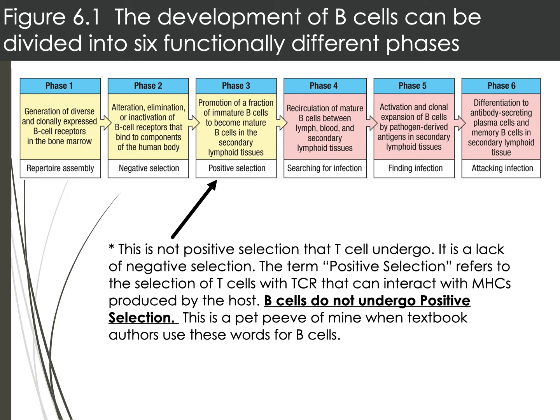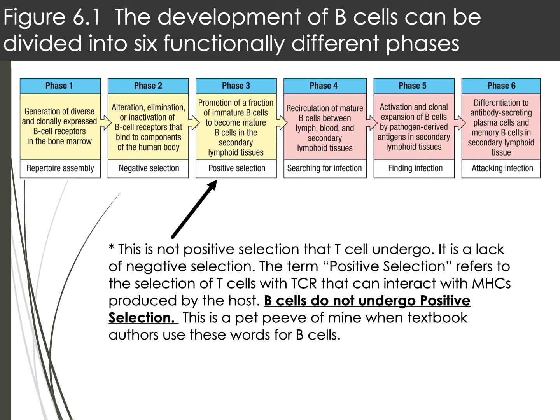Many are going to go to the spleen as their next stop, and for phase 4, they're actually going to go through another round of negative selection, which your textbook doesn't really emphasize. And in that second round of negative selection, again, what we're doing is another check.